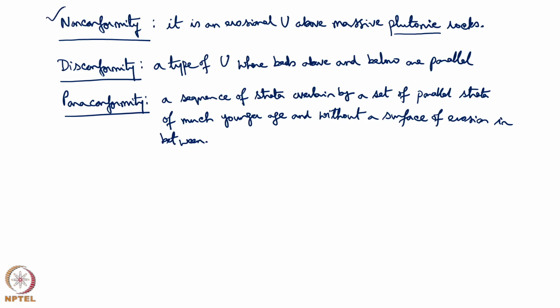Let us draw the non-conformity. Consider that there is some plutonic igneous rock and over that an erosional unconformity, this one. So, we call it the non-conformity, and over that has deposition of sediments.